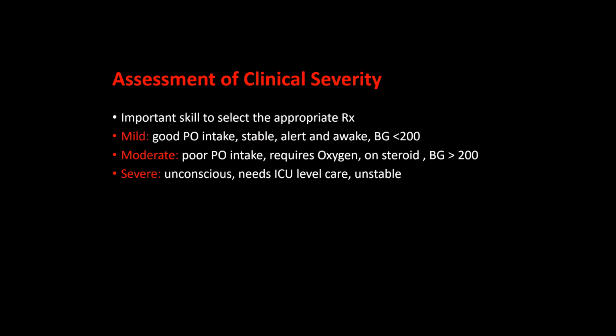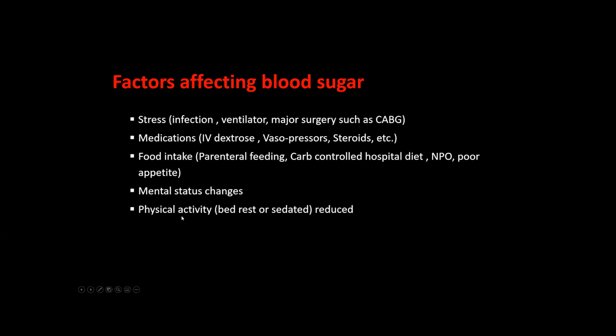Moderate is they cannot eat well, they require oxygen, they are on steroids, and the blood sugar is more than 200. Severe is most likely ICU care level, or very sick, almost unconscious, and unstable. So these are the 3 categories. It is the duty of the clinician to assess all these important risk factors, and also to assess the severity of the clinical situation.